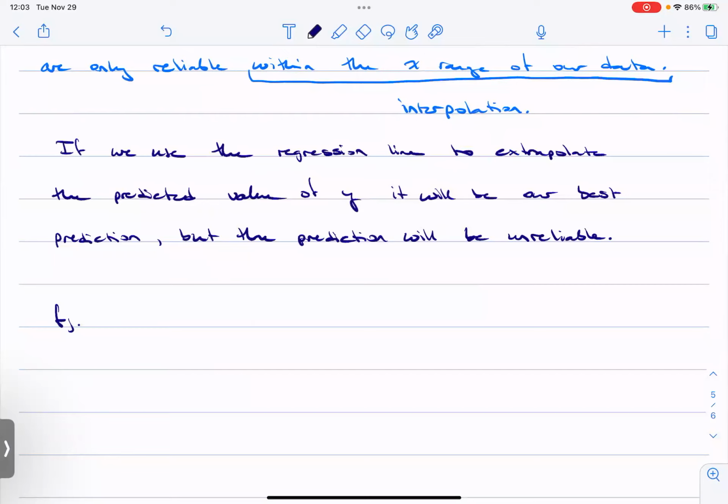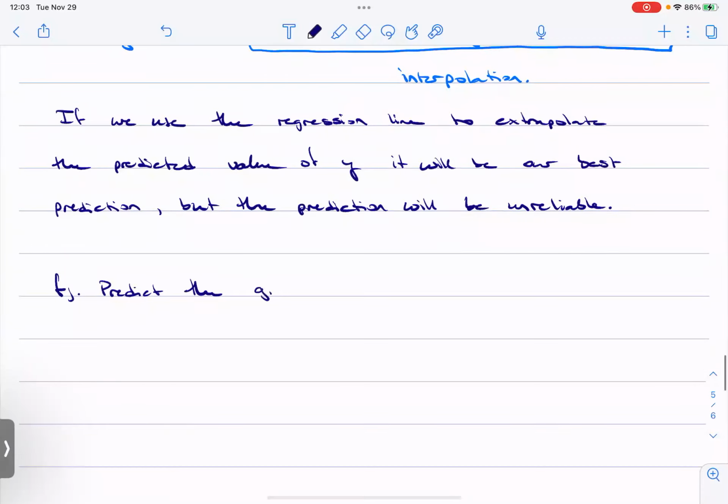And hopefully easy marks. If we were to predict the gift aid of a student whose family income is $100,000 per year, we can do that. So let's do it.